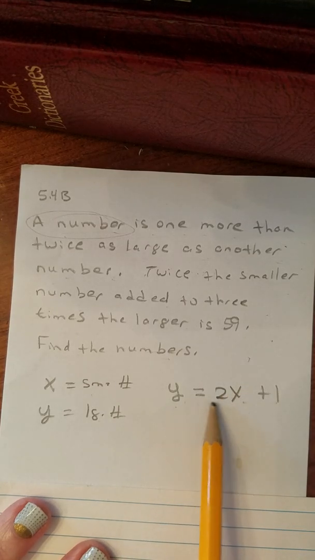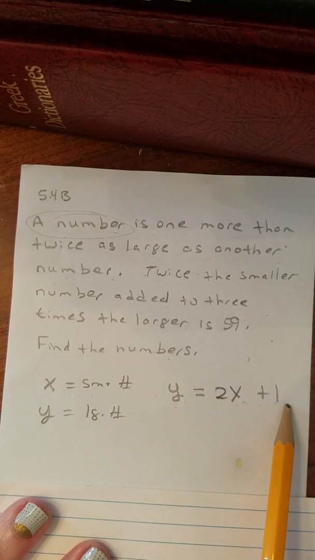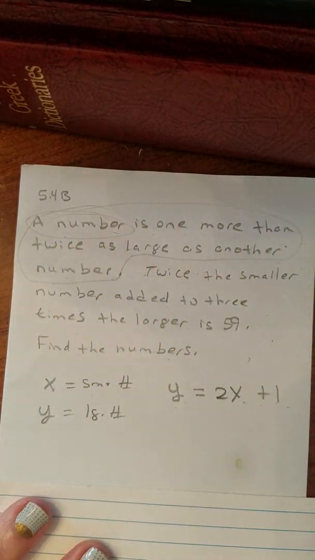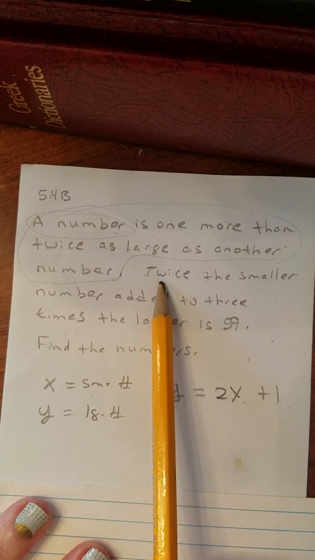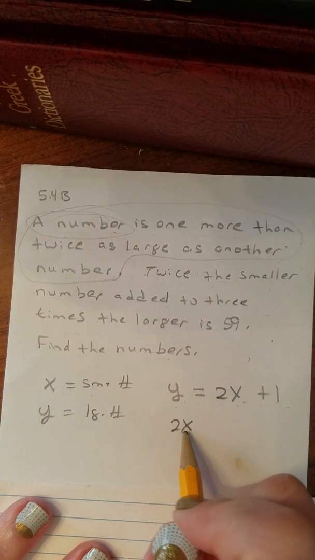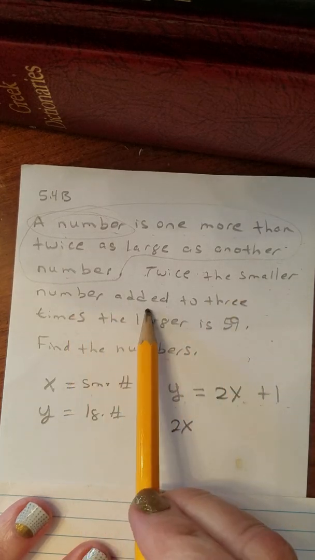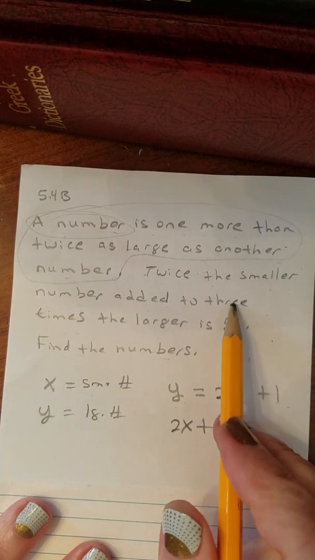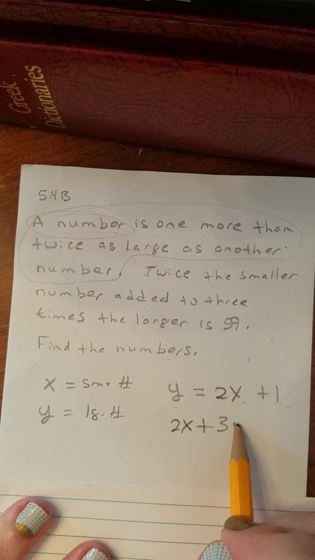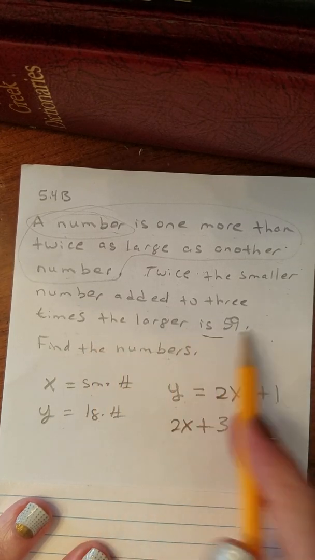So we know that y equals 2x plus 1. That takes care of this particular statement. What else do we know? We know that twice the smaller number, so twice the smaller number is 2x, added to 3 times the larger number. So 3 times the larger number is 59.